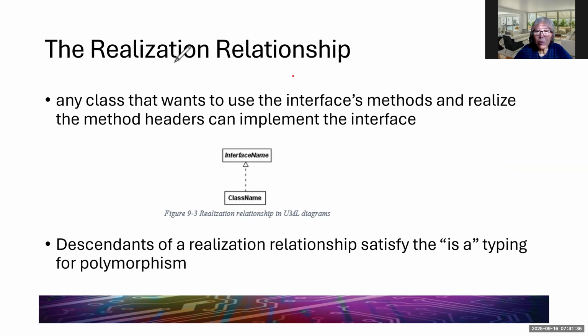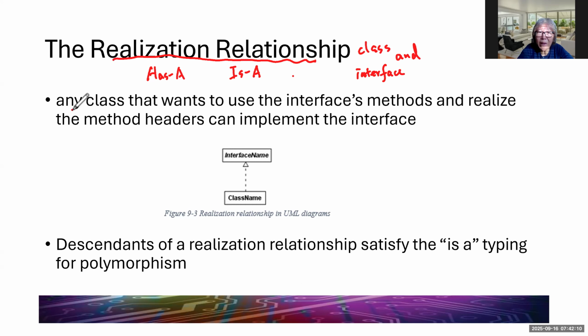If you recall, previously we learned the relationships between classes: the has-a relationship and the is-a relationship. Now we also have interfaces, so what's the relationship between a class and an interface? We have a new relationship called the realization relationship.